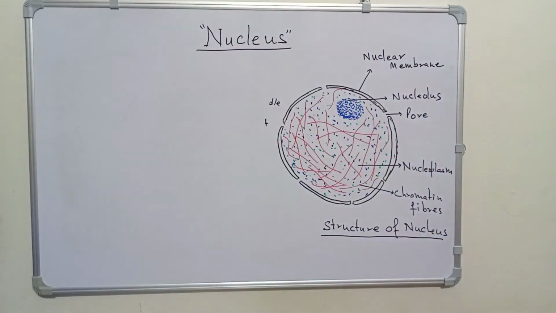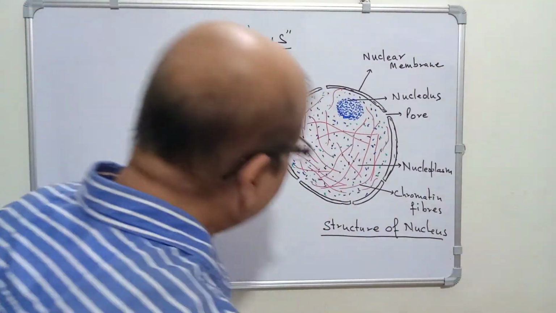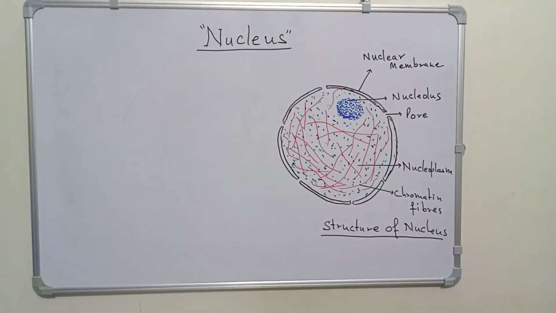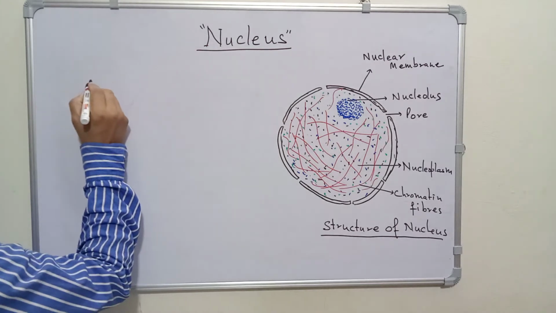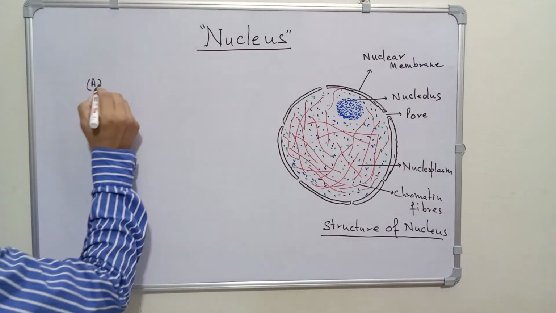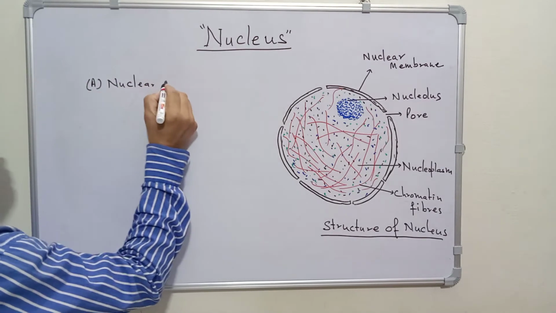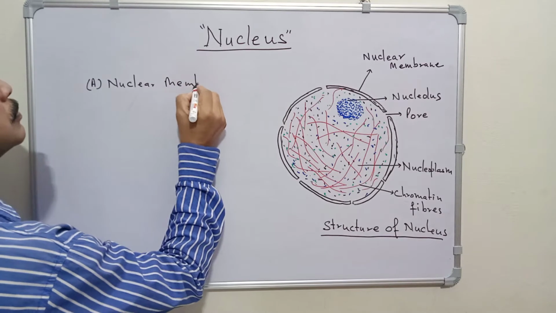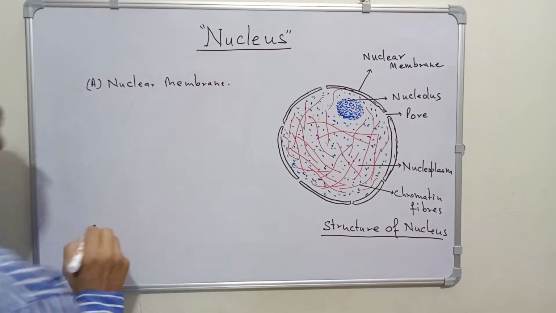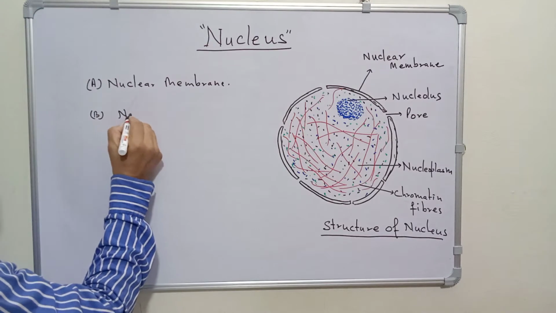First of all, the study of nucleus can be divided into four parts. A, nuclear membrane. B, nucleolus.